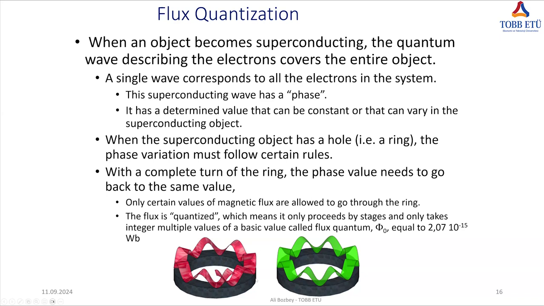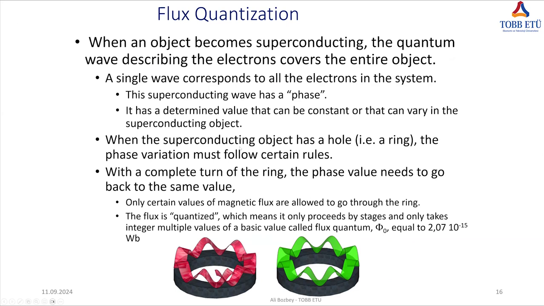If you apply some fraction of a single flux quantum to the superconducting material, then a circulating current is generated in the ring, and then this discrete flux quantum requirement is satisfied.